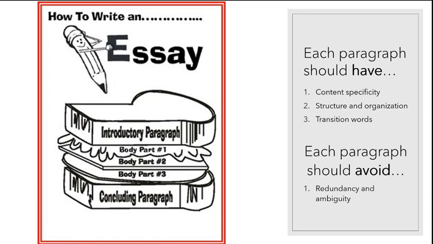Okay? What should you avoid? Redundancy, being repetitive, saying the same thing over and over again, and ambiguity, saying nothing, not being specific enough about what you're trying to say.